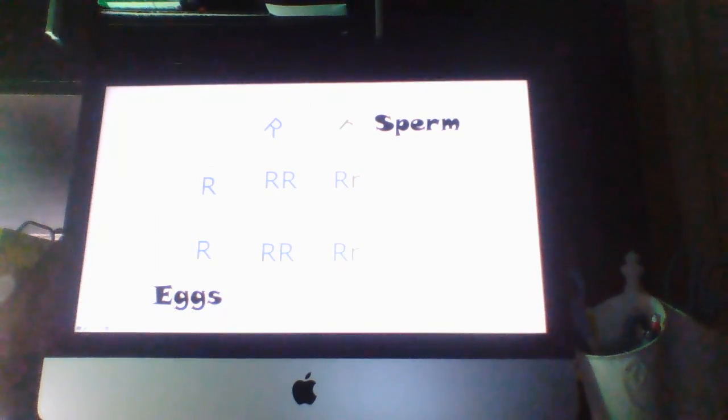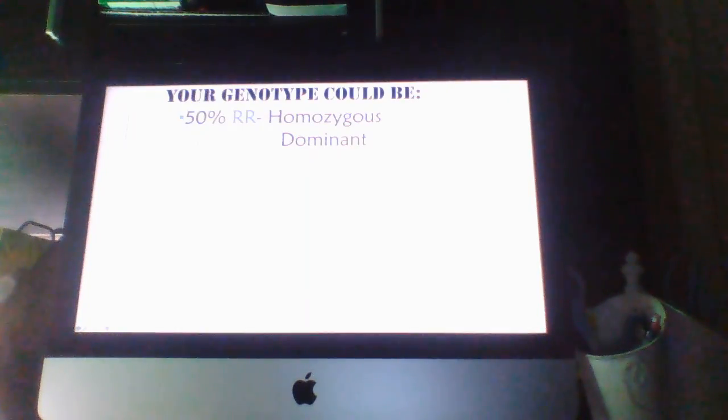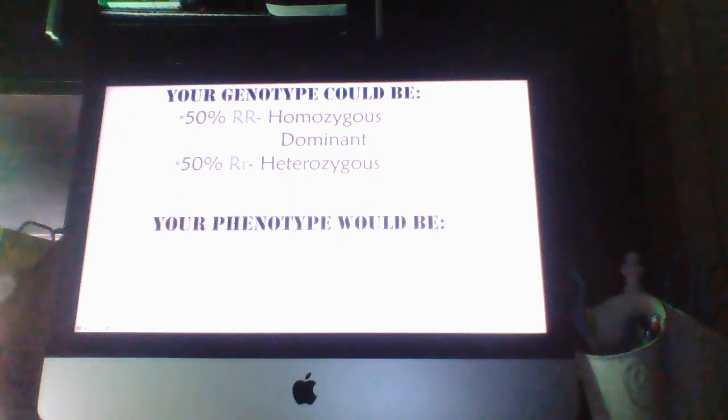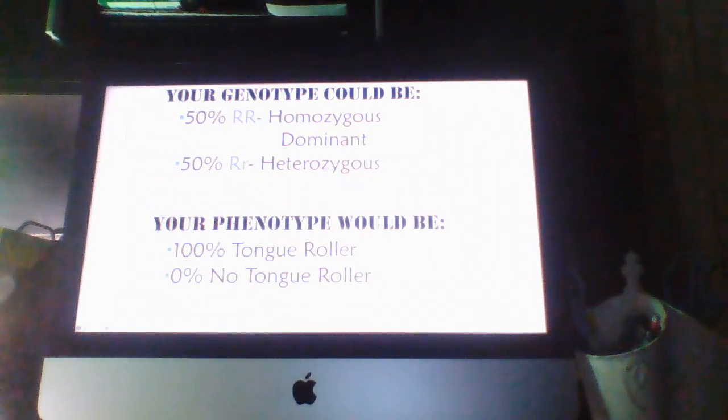Notice you have dominant in all of those. The dominant, the uppercase R, are tongue rollers. Take a look at that individual. The genotype, which is the alleles, is 50% homozygous dominant, half heterozygous. The phenotype, which is the outward trait, is 100% tongue roller.